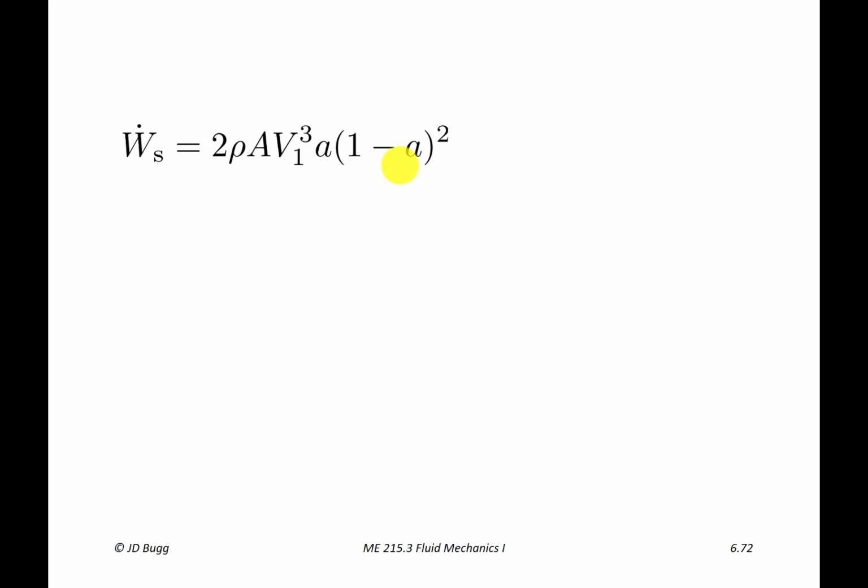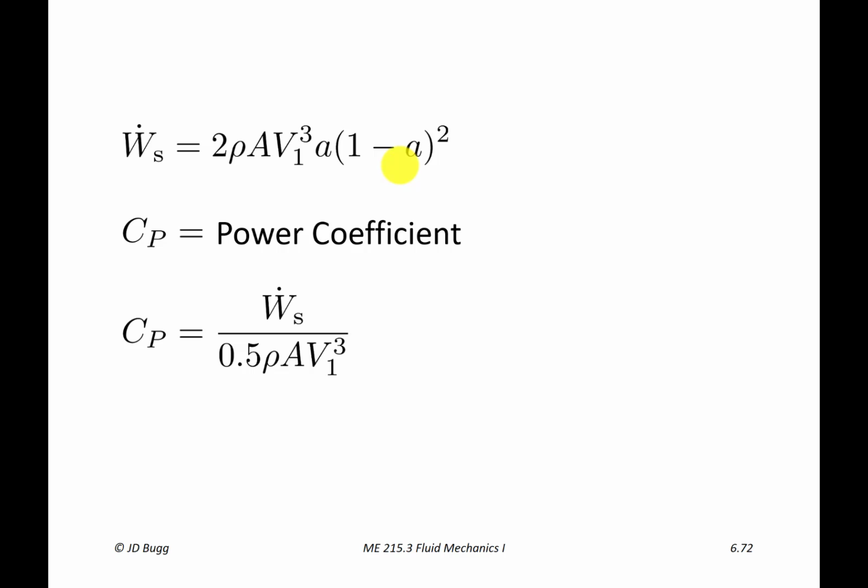Now, what we want to define here is a dimensionless power, and that's called a power coefficient, and CP is the symbol usually used for that. So in the wind turbine industry, the efficiency of a wind turbine is called the power coefficient, and CP is used for that. So how is CP defined? Well, it's an efficiency, so it's defined as the actual power produced, which we have an expression for, divided by the total kinetic energy in the wind.